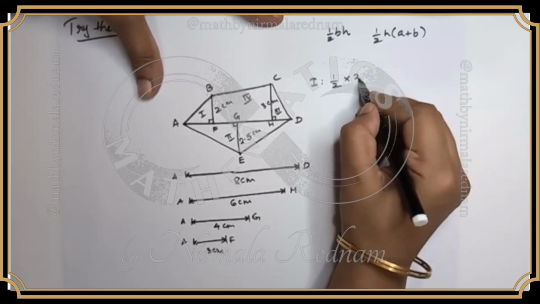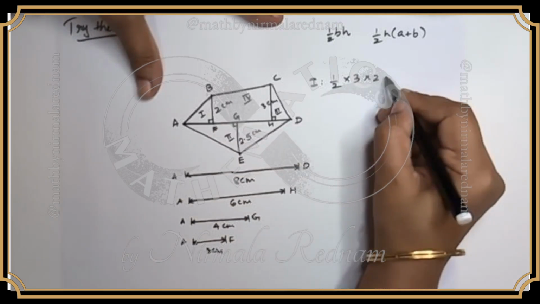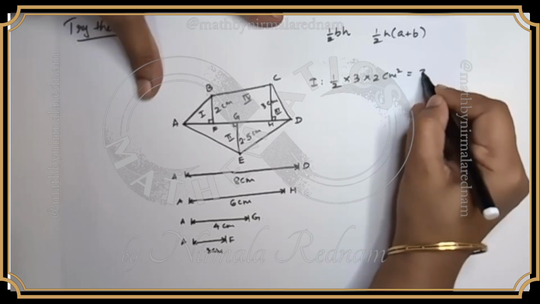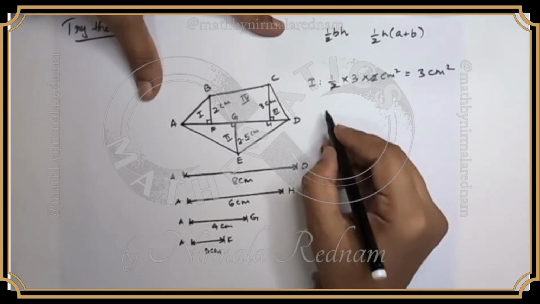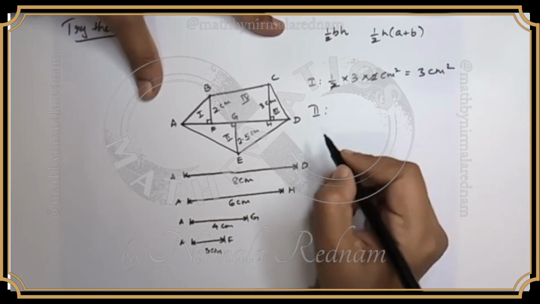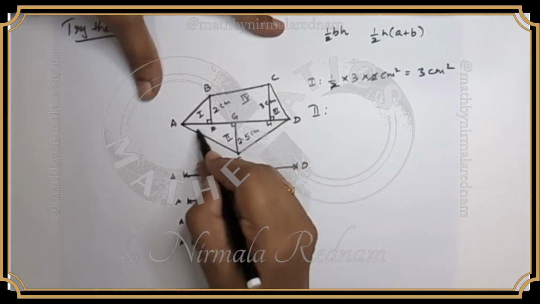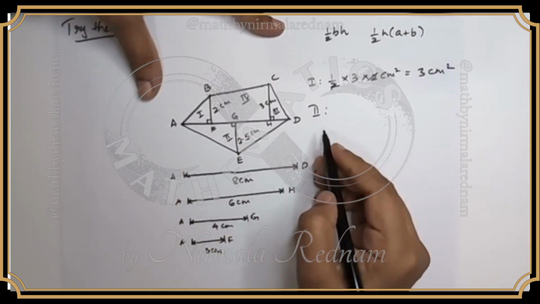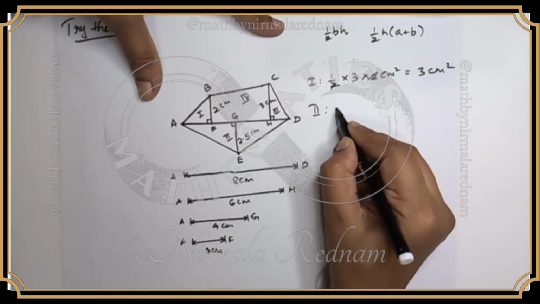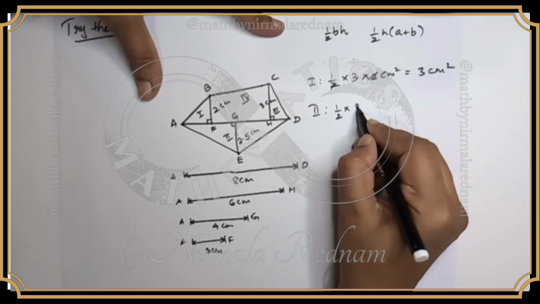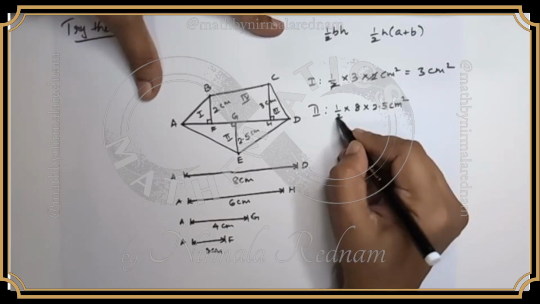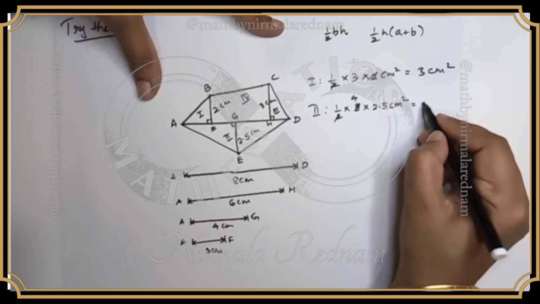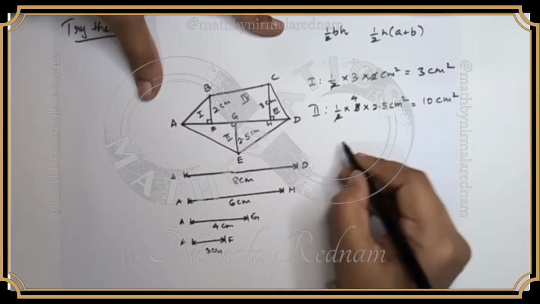So half into base into height, which is 2 centimeters, is nothing but 3 square centimeters, right? Next, I have AED. This is the triangle we are talking about. Here the base is AD, which is 8 centimeters, height is 2.5 centimeters, right? So this is 10 square centimeters.